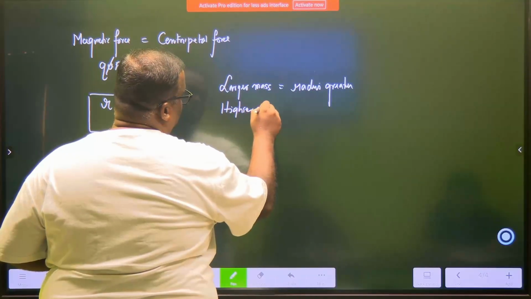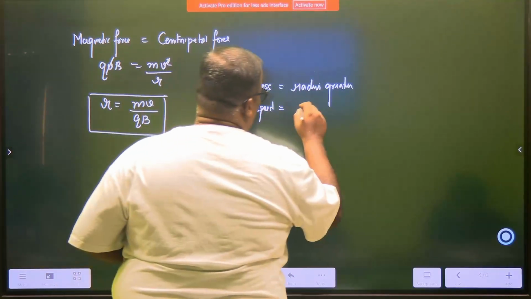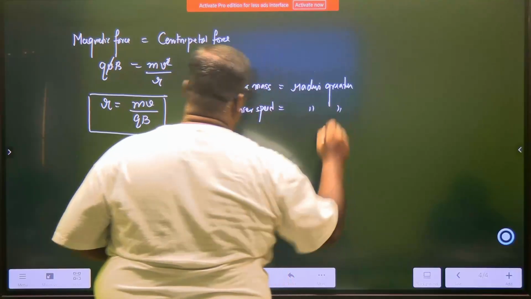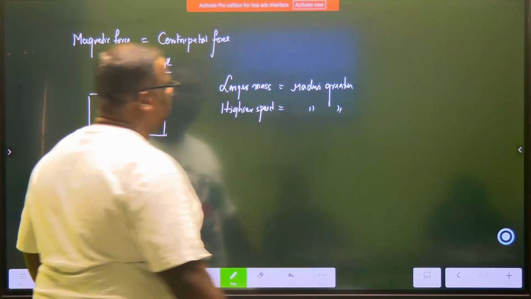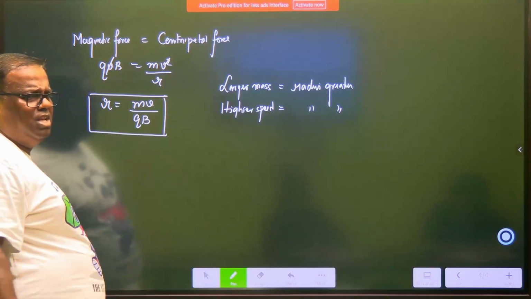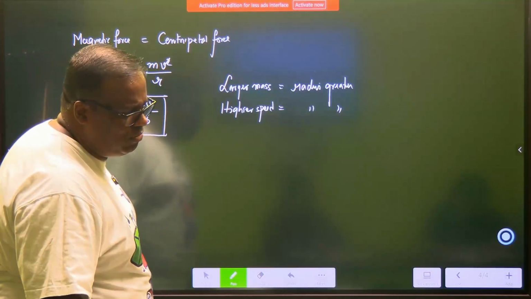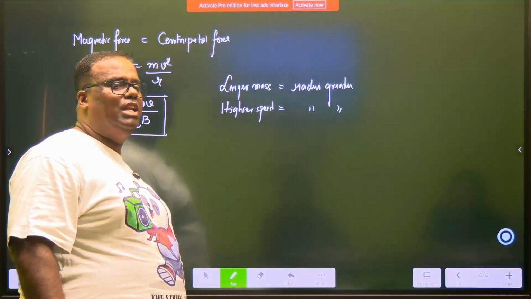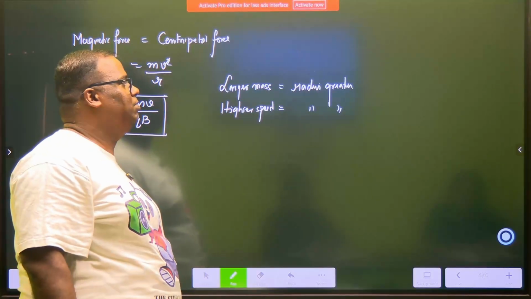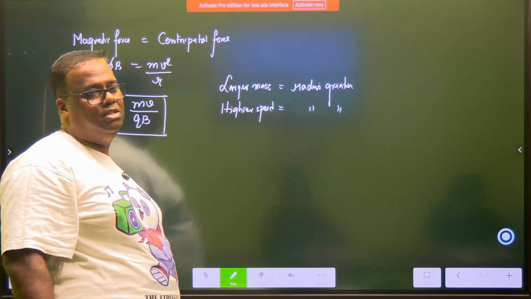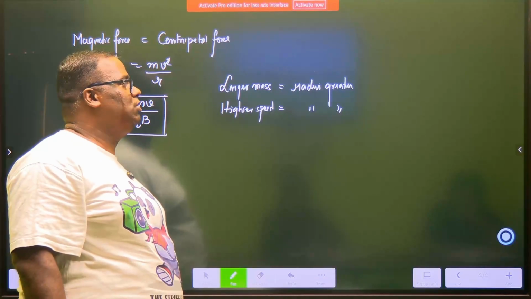These only will come as 1 mark, 2 mark questions. The radius will be greater. Imagine if you take a turn cycling at a higher speed, won't you take a longer radius? You can't take a sharp turn. Larger mass, so automatically the larger mass will sweep a greater radius.